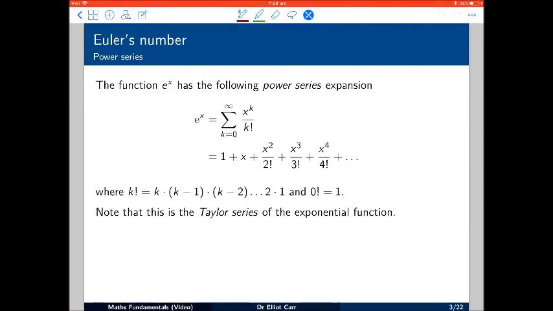Okay, so one property of Euler's number is that it exhibits this power series expansion. e to the x is precisely equal to this summation: the sum from k equals 0 to infinity of x to the k over k factorial.